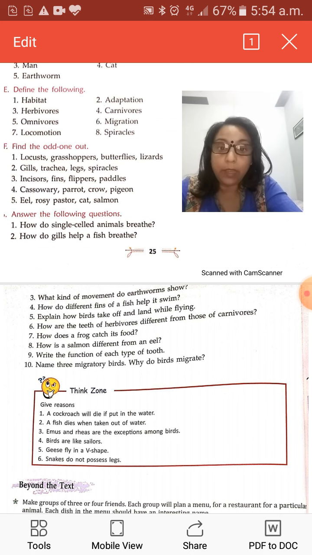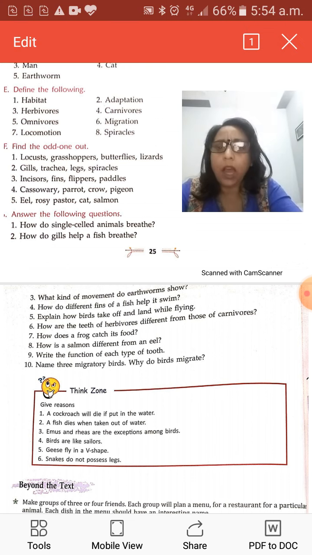They do not have any specialized breathing organ in the body. Whenever a water current comes, it goes inside the body and supplies oxygen, and while going out, the water releases carbon dioxide from the body. So single celled animals breathe through the body surface.